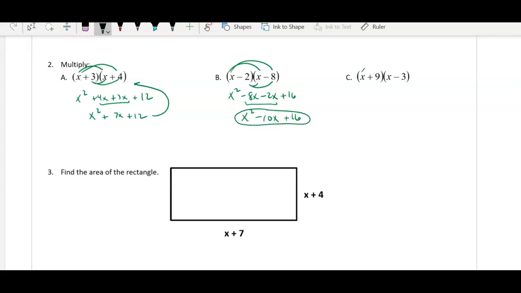Okay, letter C now, x times x is x squared, right? Then we're going to get minus 3x plus 9x minus 27. And when I combine the middle terms, x squared plus 6x minus 27.